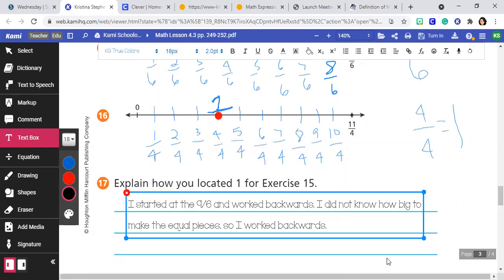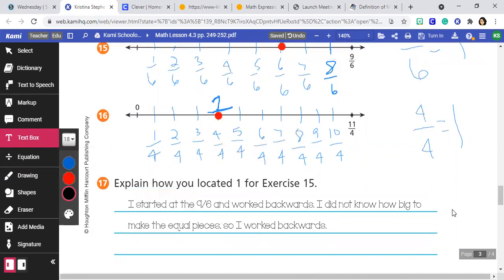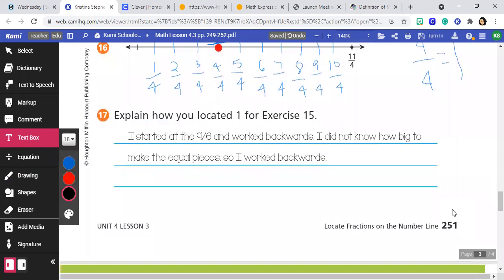Sometimes I do it. I love that little red line. So I started at the 9 over 6 and worked backwards. I did not know how big to make the equal pieces, so I worked backwards. If you have a better way, let me know.